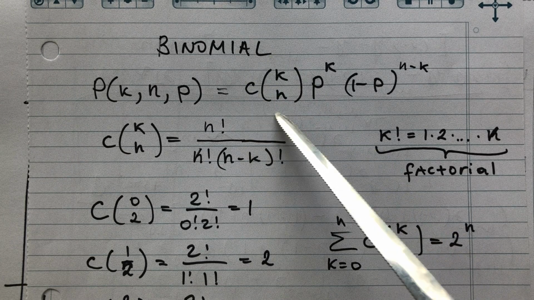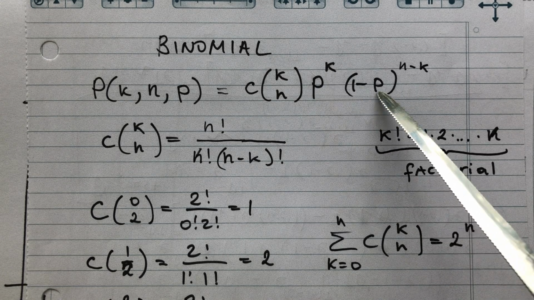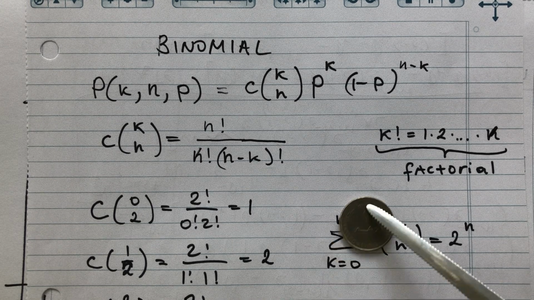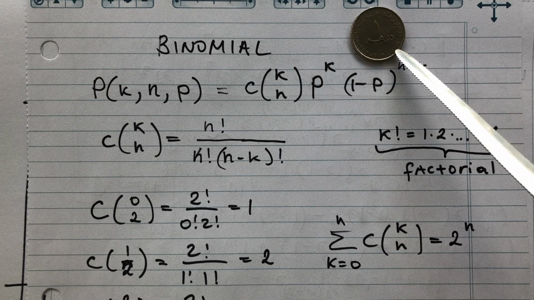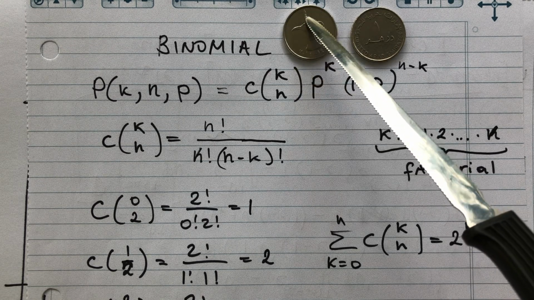It's standardly written like this, and then you multiply it by p to the power k and 1 minus p to the power n minus k. So think of it this way. Let's say we designate heads as 1 and tails as 0, right?